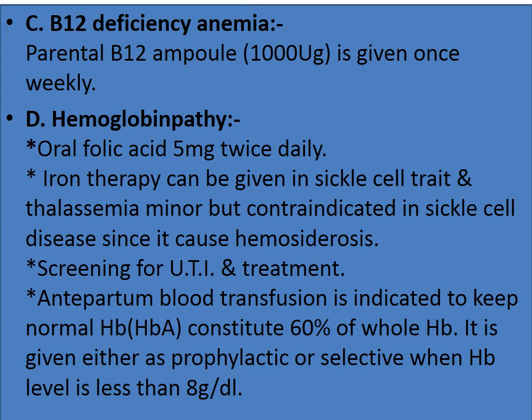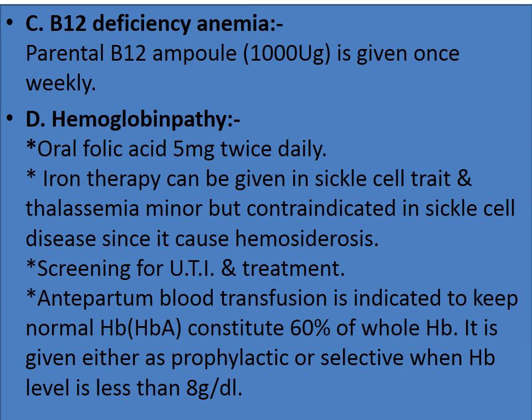Hemoglobinopathy. Oral folic acid 5 milligrams twice daily. Iron therapy can be given in sickle cell trait and thalassemia minor, but is contraindicated in sickle cell disease since it causes hemosiderosis.